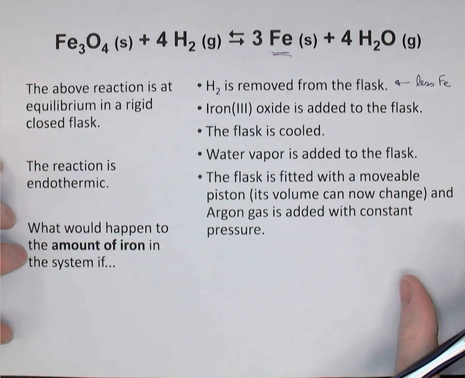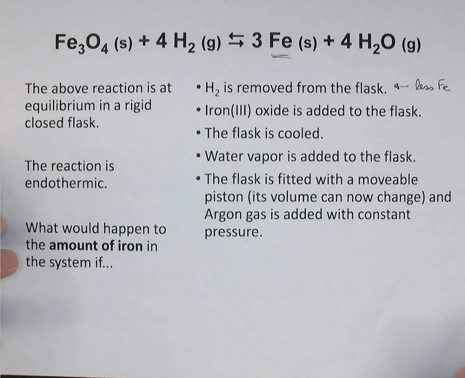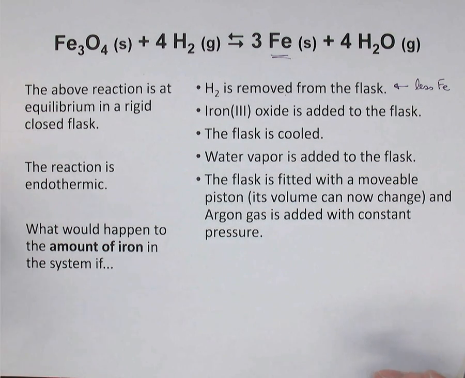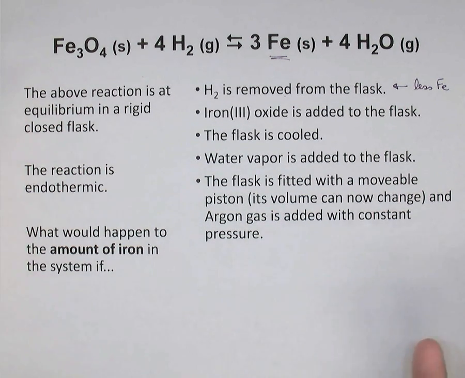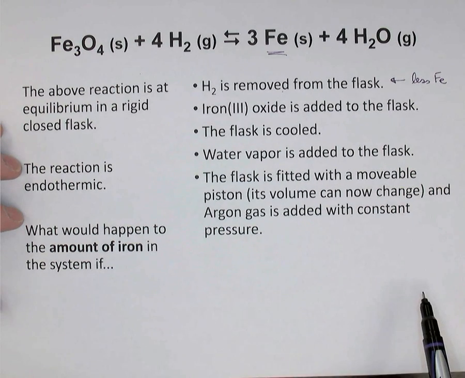Now notice I'm not saying that the concentration of iron will be less, because we know it's a solid, so its concentration doesn't change. But the amount of iron, the mass or the moles of iron, will have to be less because there was a reverse shift.